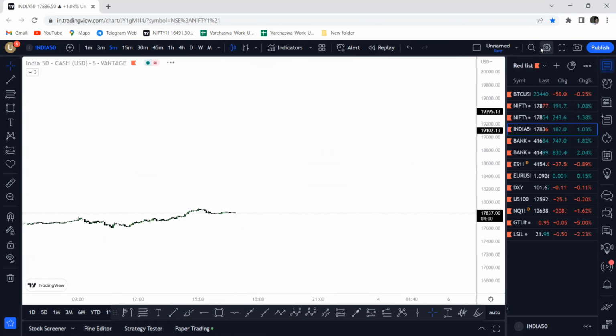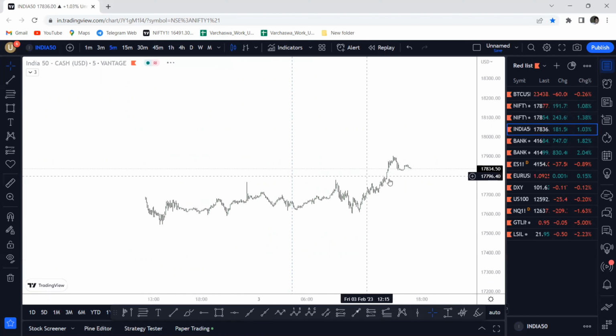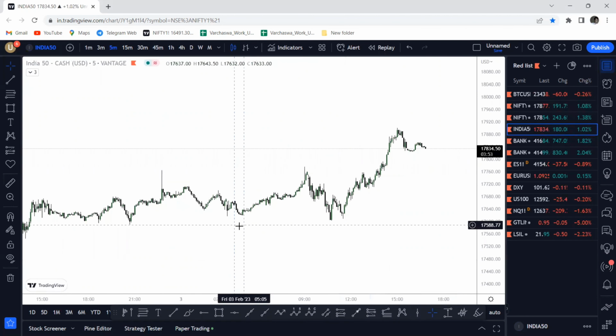If you go to the 5 minute time frame and add session breaks, in India the market opens at around 9:15. Here, this candlestick opens at 4:30 IST, Indian Standard Time. But if I consider the opening price of this particular level, 4:30, it won't make any sense.